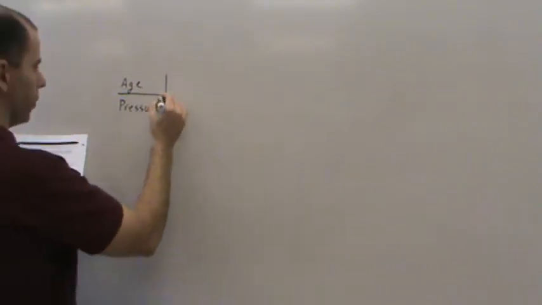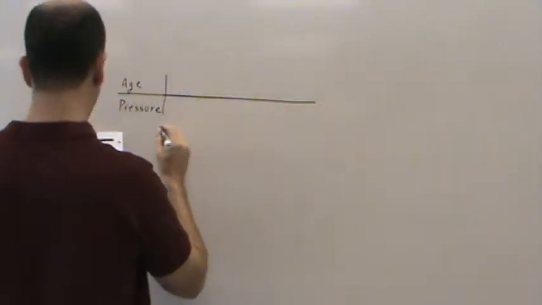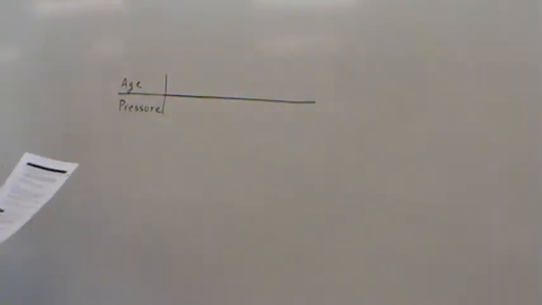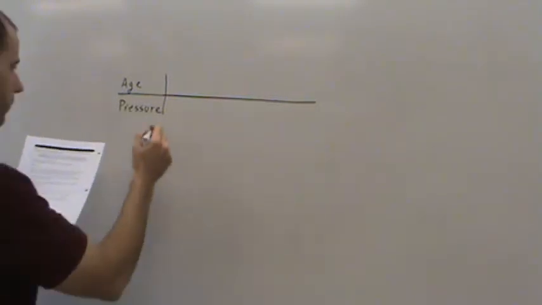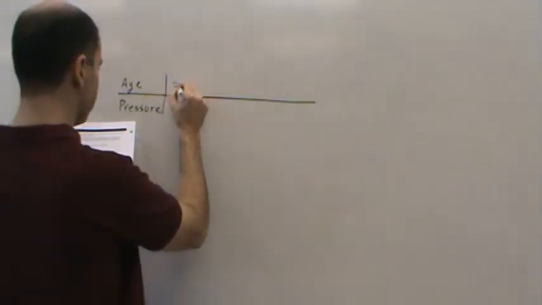What do we want to do? We want to find the correlation coefficient for 9 randomly selected adults, between their age and their systolic blood pressure. So here's the age.